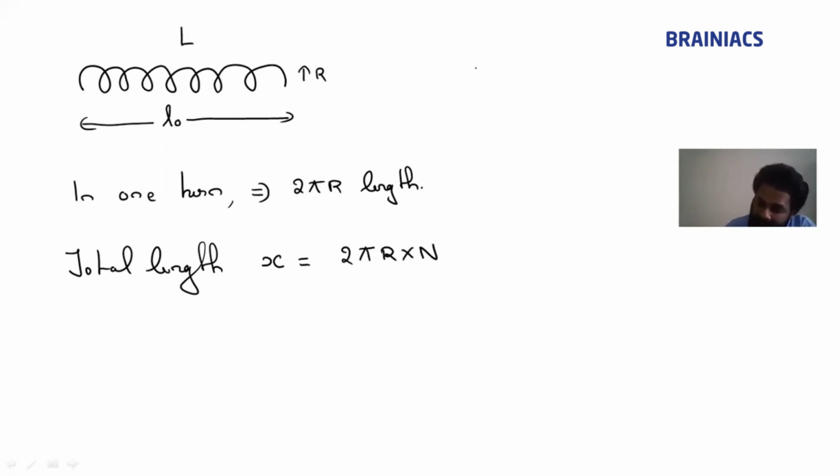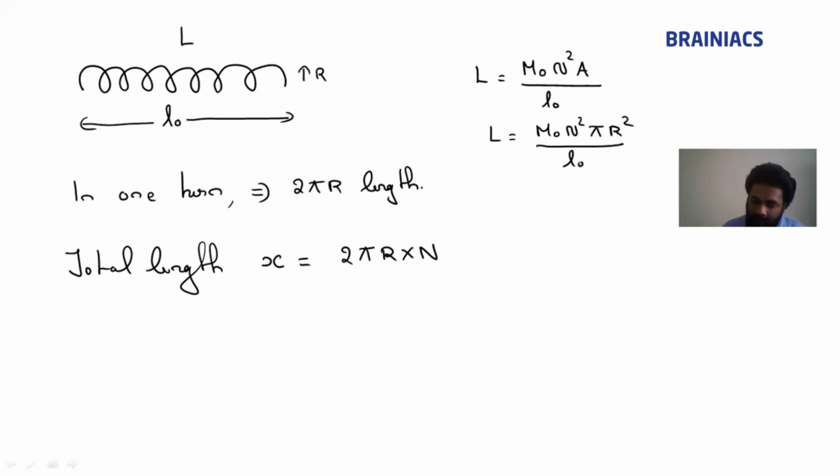Now, what is the inductance of a solenoid? Solenoid inductance is mu 0 n square A divided by L naught. Correct or what? So here we can say L is equal to mu naught n square pi r square divided by L naught.